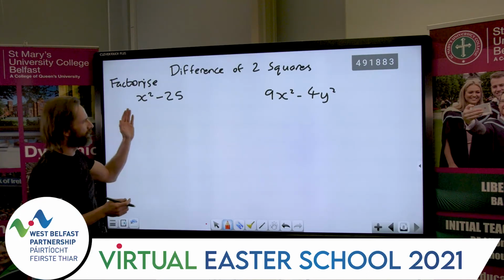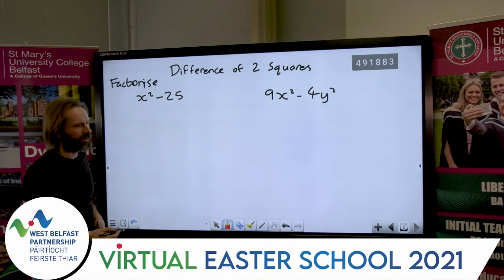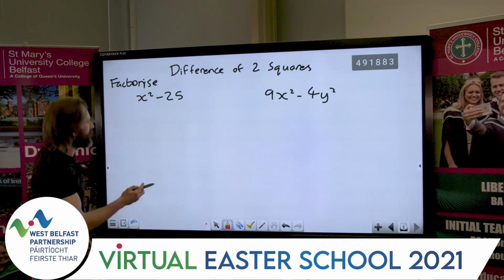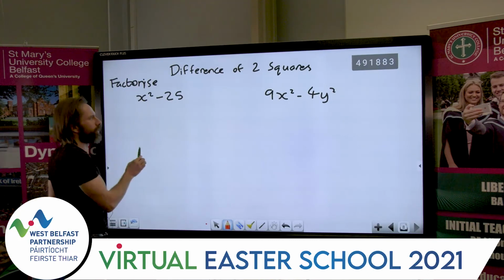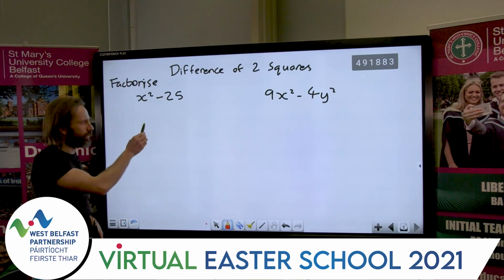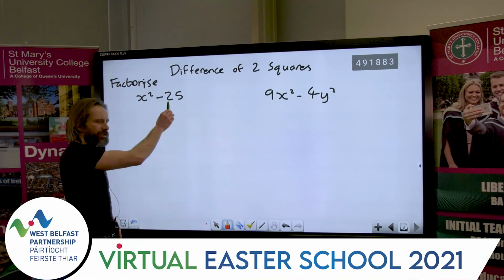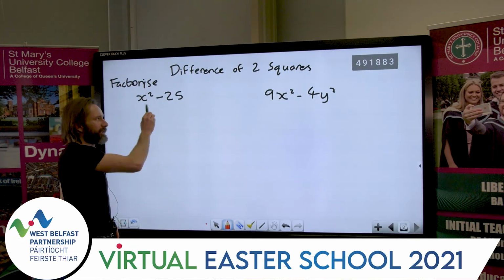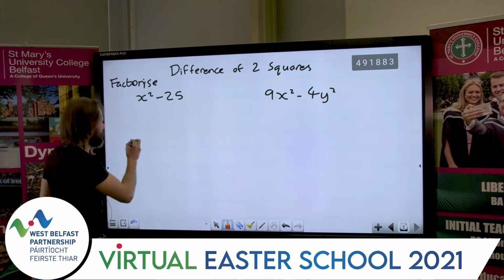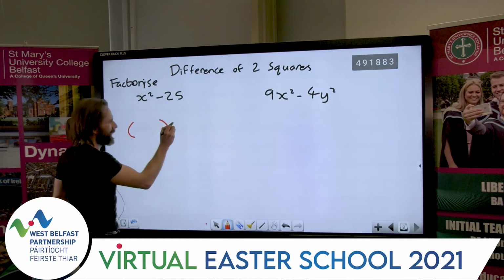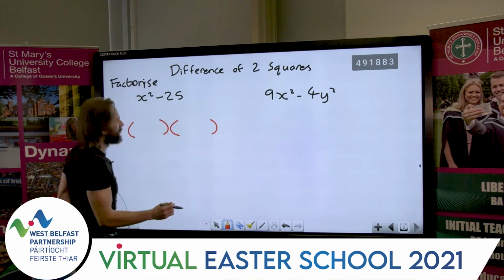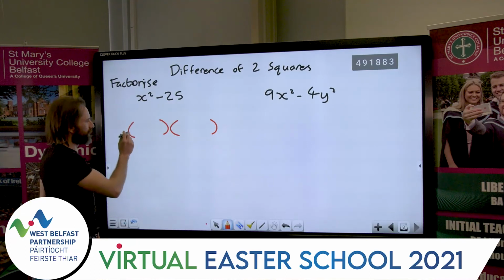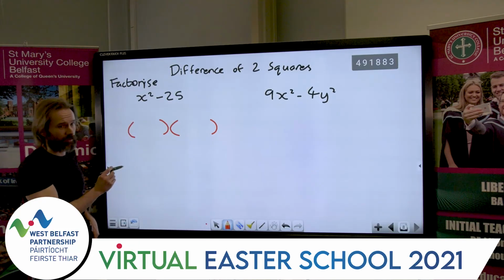This is what's known as the difference of two squares, okay? And how to spot the difference of two squares is if both terms are squared terms. So x squared is clearly a squared term. 25 is a square number, and what has to be in between them is a minus, okay? And the easiest and quickest way of thinking of factorising these is, well, what goes at the start of each bracket is the square root of the first term.